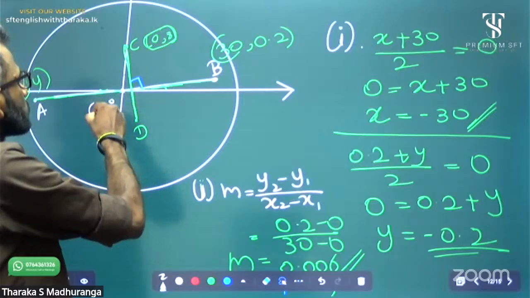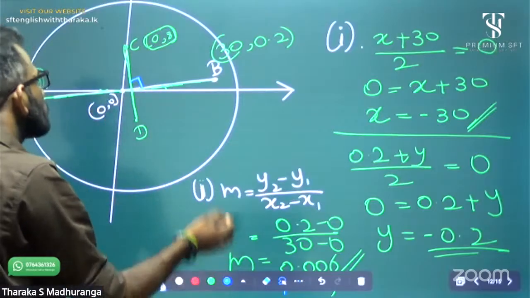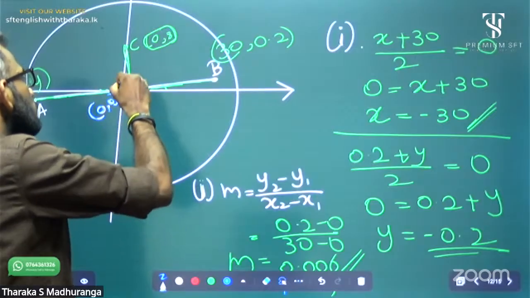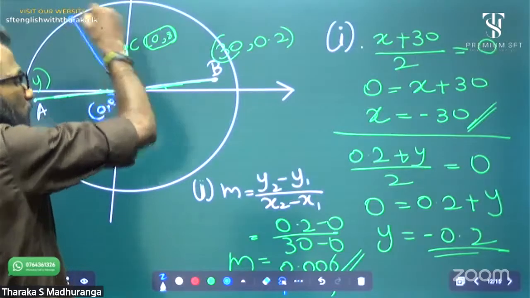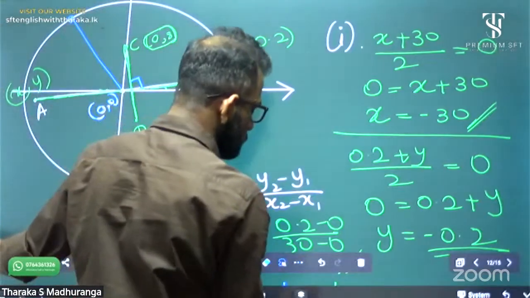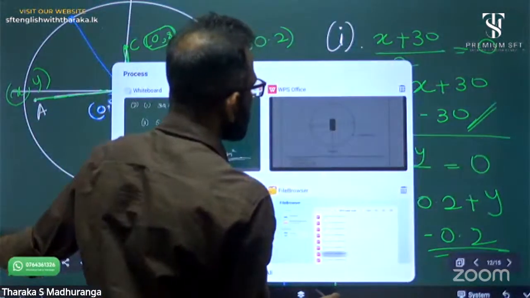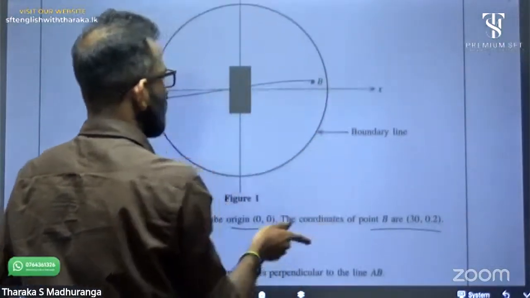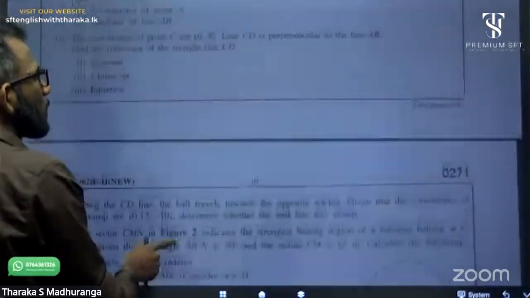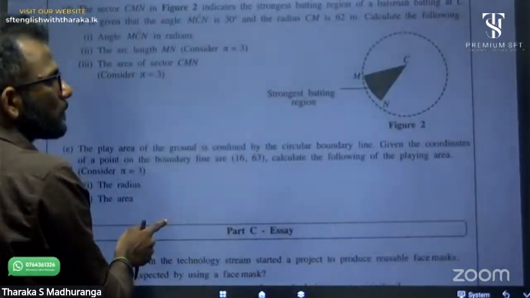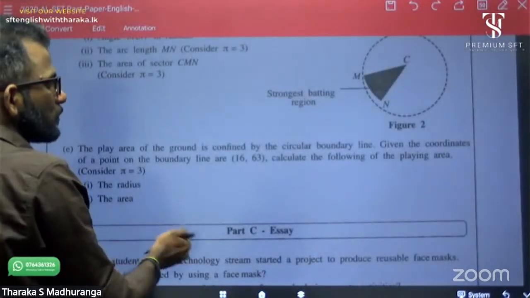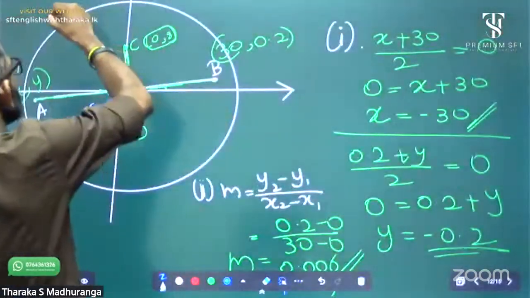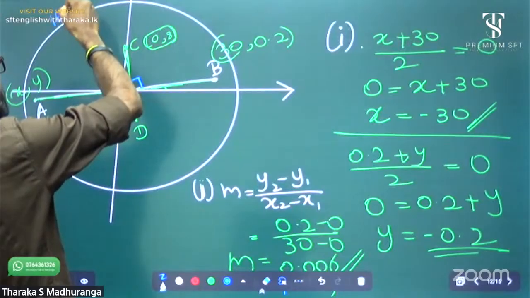There is another point they have found, coordinates of another point that is given in the question. 16, 63.